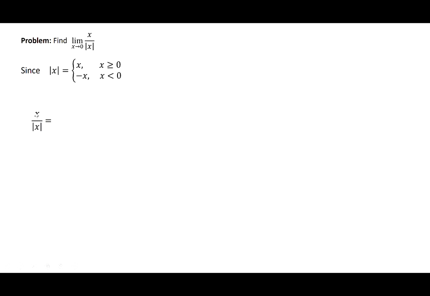So, in that case, what would happen to this expression? x over x, which is positive 1. Right? When is that true? Only when x is greater than or equal to 0. Cool. When x is less than 0, what should I replace absolute value of x with? With a negative x. So what do we have? x over negative x. And what is that equal to? Negative 1.